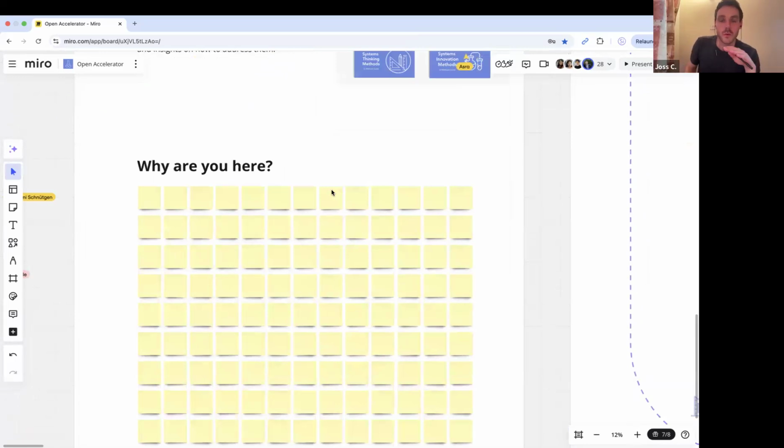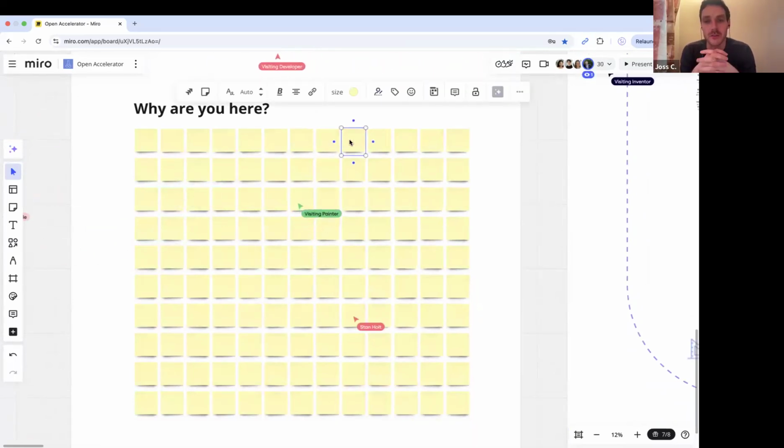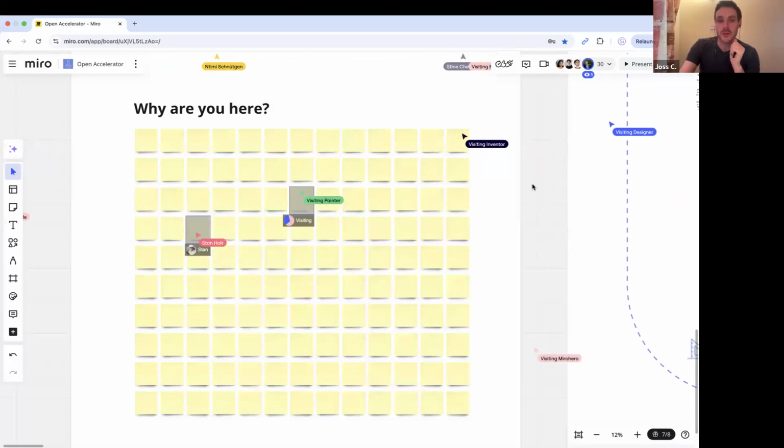To get you started, we will be working on the Miro board here. I encourage you to jump in and share with us a little bit why you're here today and what you're hoping to get from today's session. Would love to hear that. We'll just take maybe one or two minutes. It's also an opportunity for you to familiarize yourself with Miro.